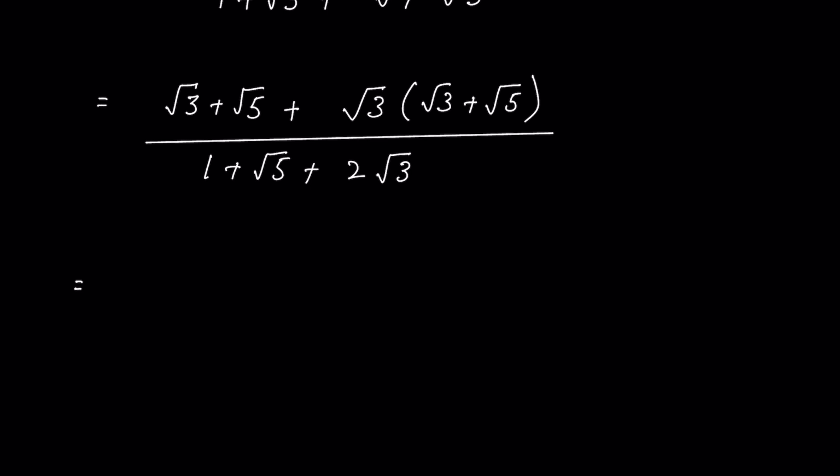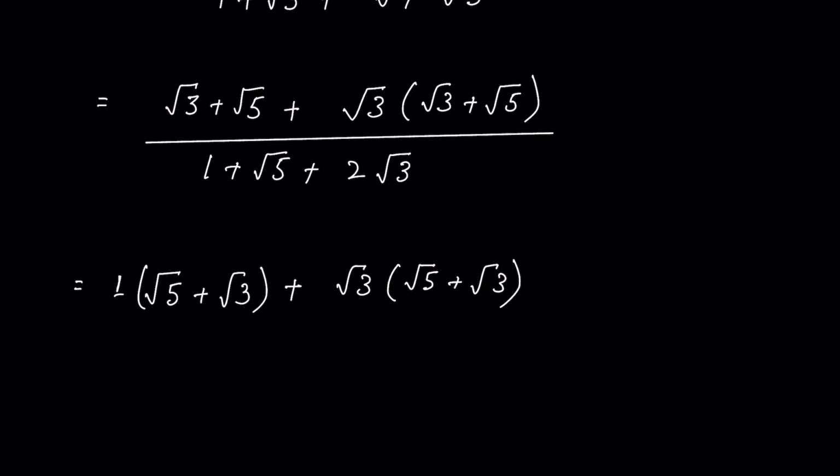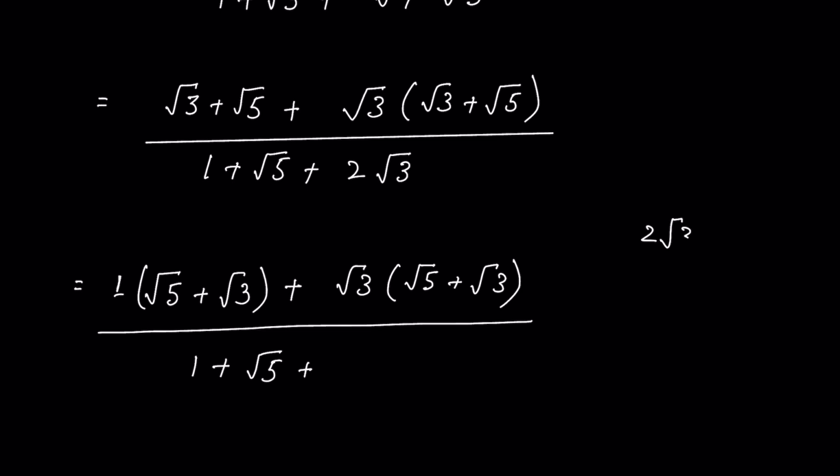Now we can rearrange it and write square root of 5 plus square root of 3 together and then times 1, and there won't be any difference, plus square root of 3 times square root of 5 plus square root of 3, then upon 1 plus square root of 5 plus 2 times square root of 3.